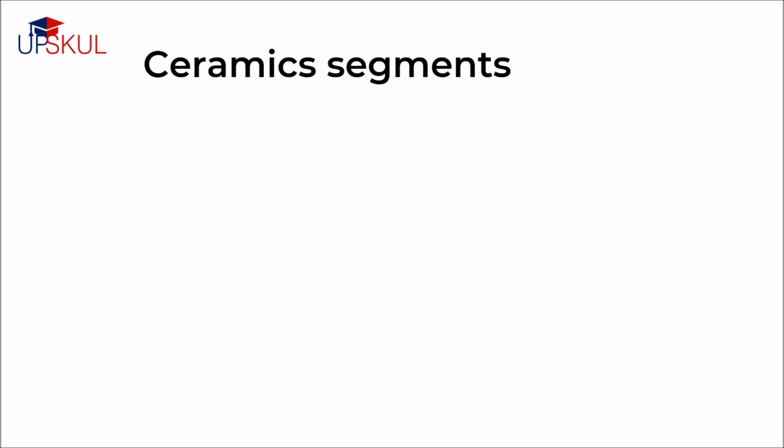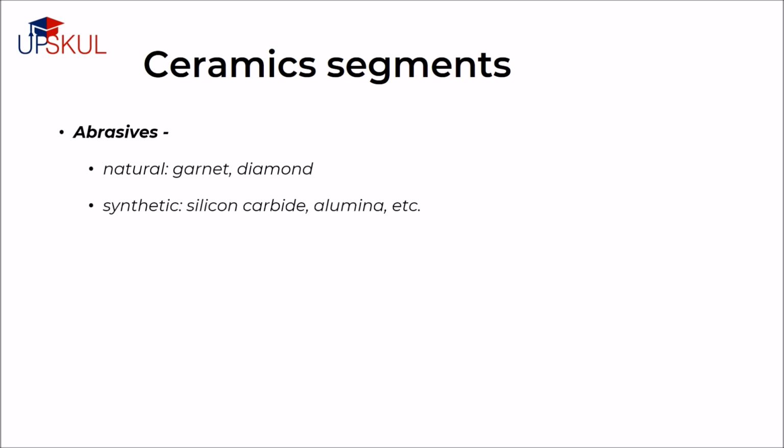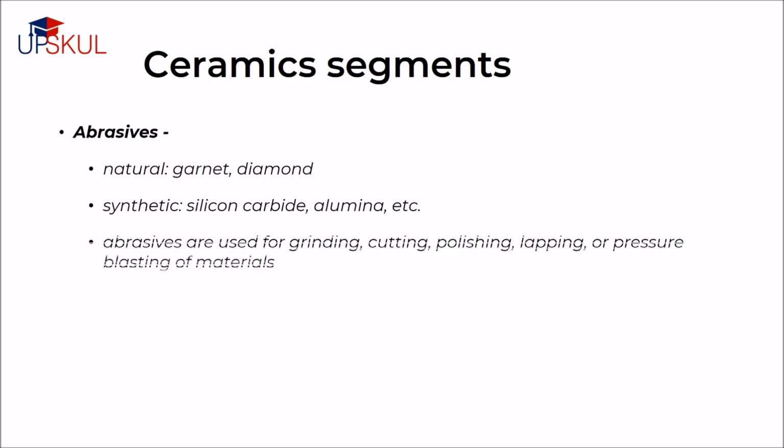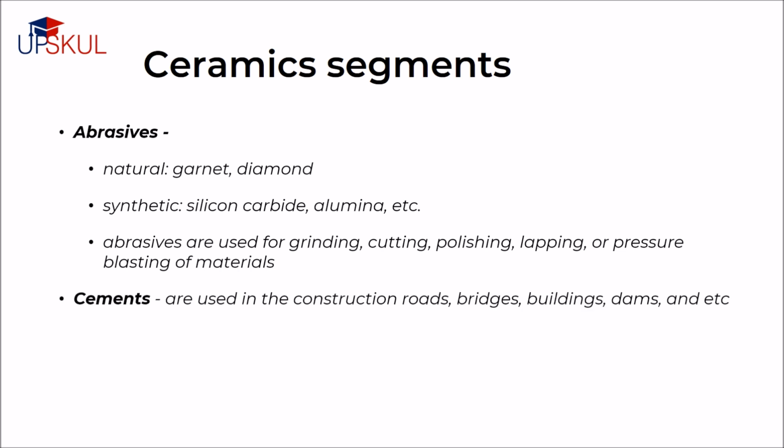Abrasives can either be naturally occurring such as garnet and diamond, or synthetic ones such as silicon carbide and alumina. Abrasives are used for grinding, cutting, polishing, lapping, or pressure blasting of materials.